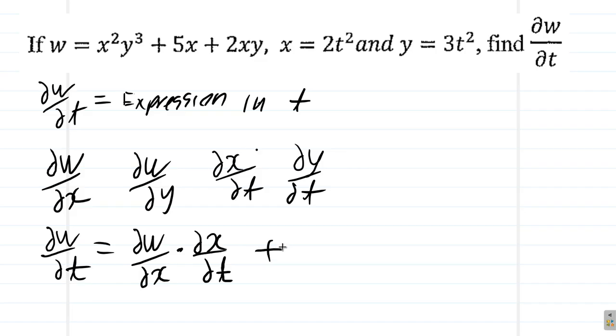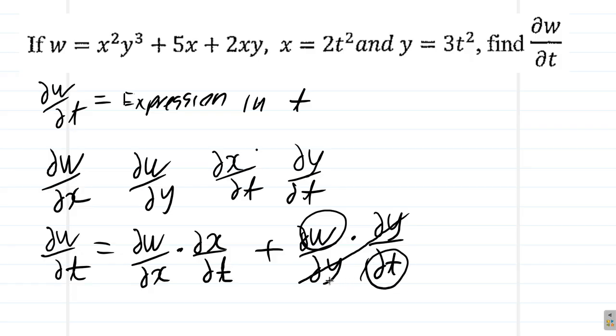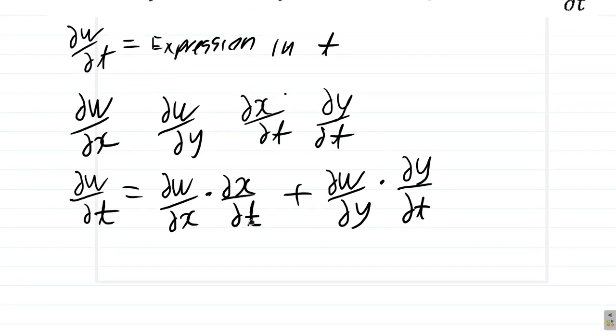Plus, what else will happen now? The partial derivative of w with respect to y times the partial derivative of y with respect to t. Partial y cancels partial y, leaving partial w over partial t, just like what you have, partial w over partial t here. Nice. So, let's see if we can find each of them.